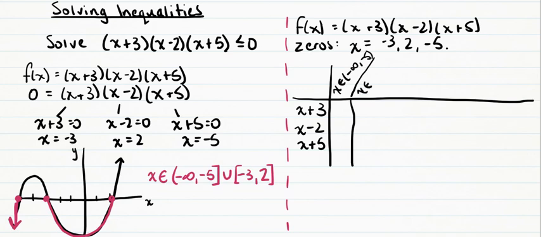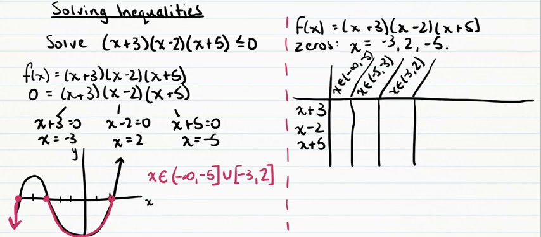So x is an element from -5 to -3. Then the next interval is from -3 to the next 0, which is from -3 to +2. And then there's no more zeros to list, so the last interval would be from +2 to infinity.